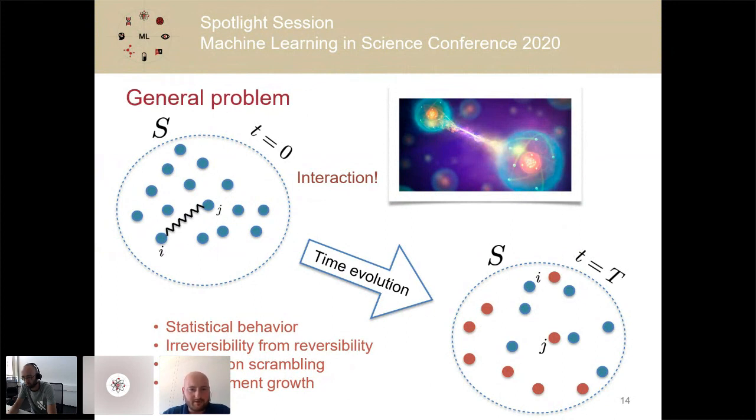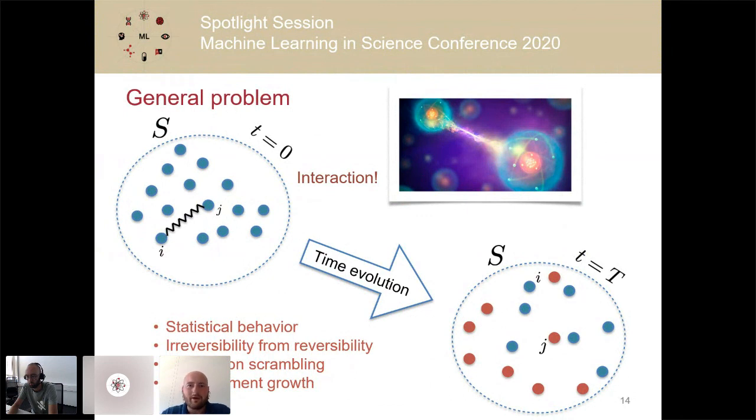However, when we have interaction, there are some collective phenomena arising that make this time evolution highly non-trivial. And in particular, there is a statistical behavior arising in the system, and that can be summarized as some irreversibility that arises from a reversible process. And this is due to the fact that there is an information scrambling in the system due to an entanglement growth among different parts of the system.